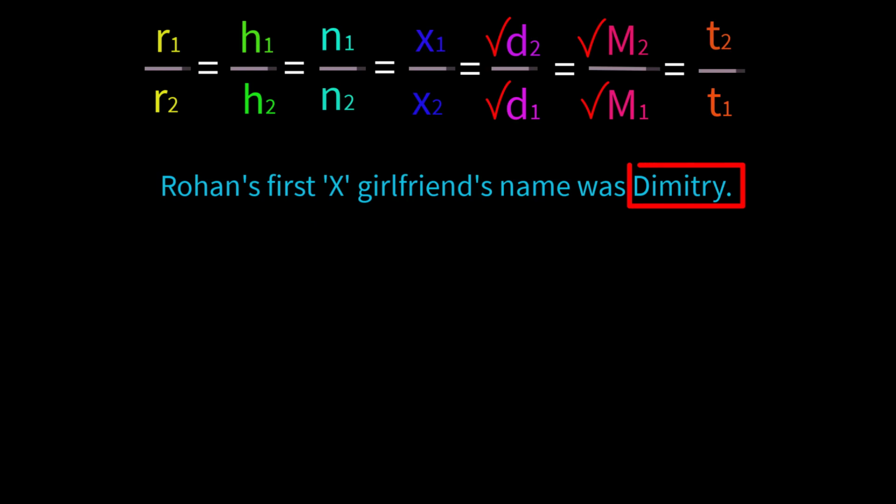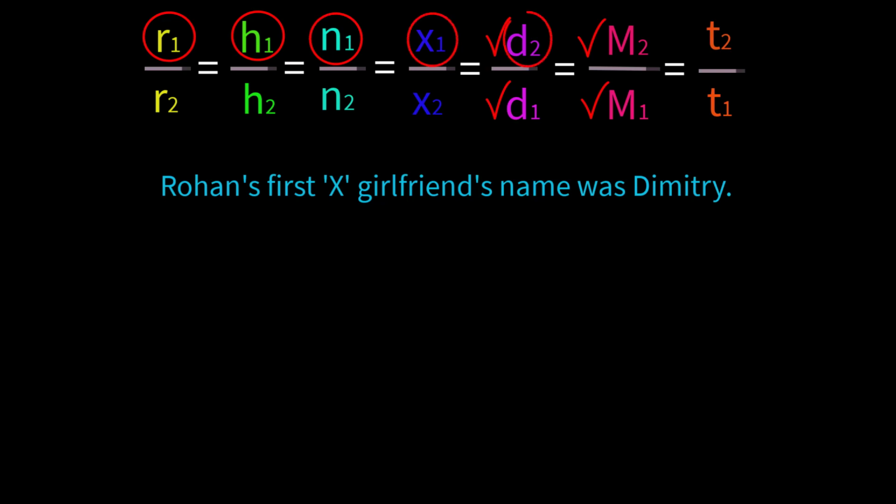From Dimitri, we will get 3 numerators D, M and T. Here di means 2. So we will write 2, 2 and 2 here. In this way, we have got R1, H1, N1, X1, D2, M2 and T2 for numerator.